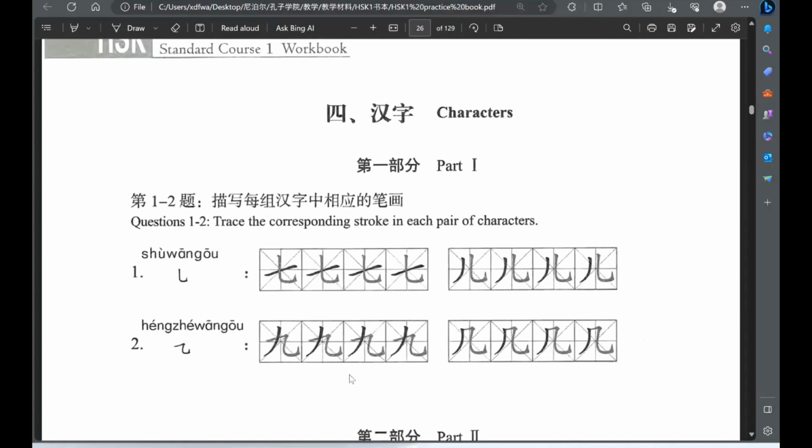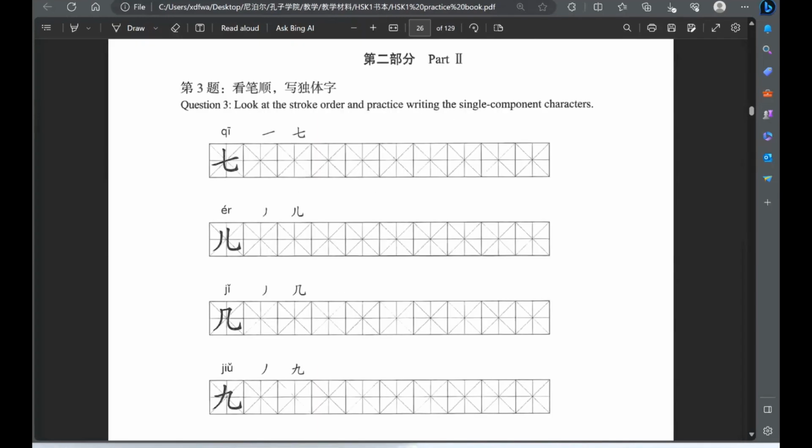Example characters like number 9, 几 interrogative pronoun asking about a number. Part 2, single component characters. Number 7, 儿 son, 几 how many, number 9.